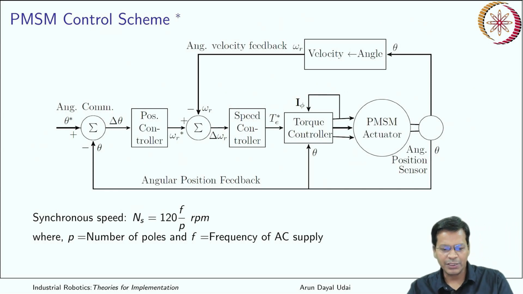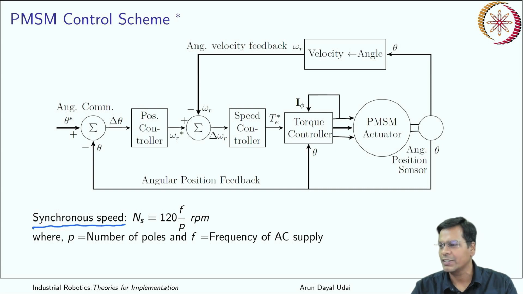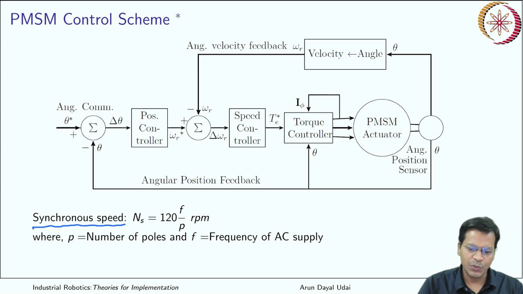Okay, so synchronous speed, if you have a background in electrical engineering, should be quite familiar. Synchronous speed is equal to 120 f by P. For those who are not from electrical engineering, this is a ready-made formula which gives you the relation of the synchronous speed depending on the number of poles. It is not just three pairs of poles; there are P number of poles.